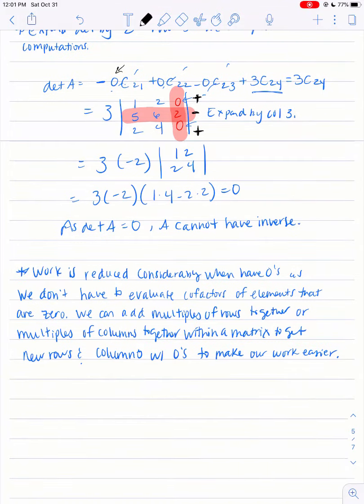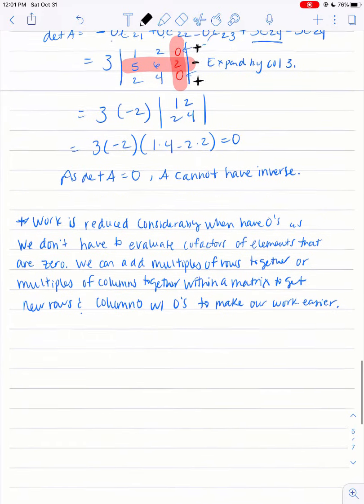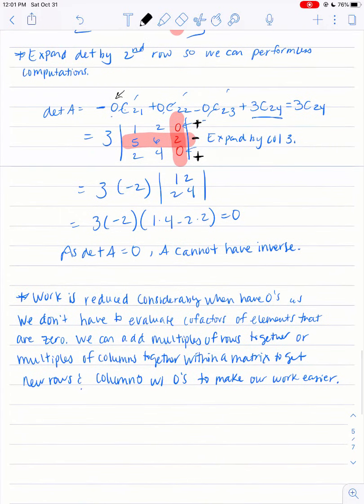Okay, so even though you could use basically any row and column to find the determinant, our work is reduced considerably when we have zeros, because we don't have to evaluate those cofactors of elements that are 0. And so sometimes we have matrices where we can add multiples of rows together or multiples of columns together to get new rows and columns with zeros to make our work easier.